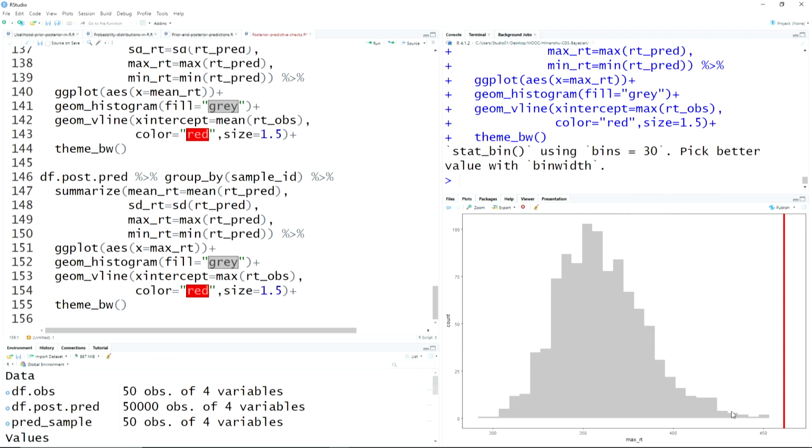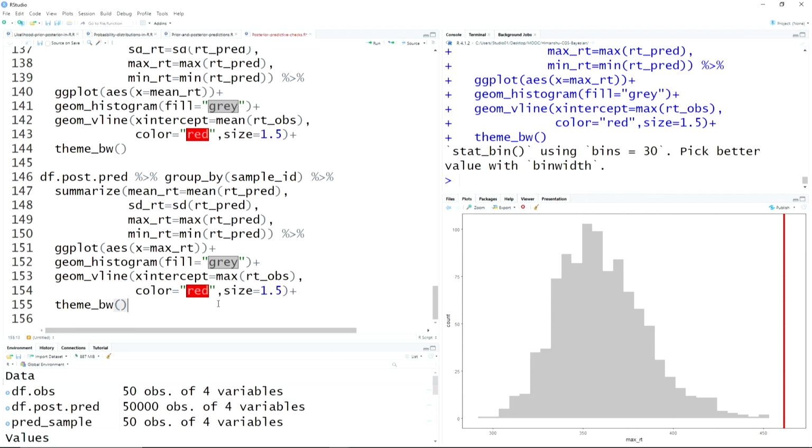Okay, because you assume there is a normal likelihood. So when you're generating from normal likelihood, it is going to generate symmetric observations. It is not going to generate extreme observations, basically those long tails in the right hand side. But the actual data does have those long tails in the right hand side direction, right? So actual data can go up to 470, 480 milliseconds, right?